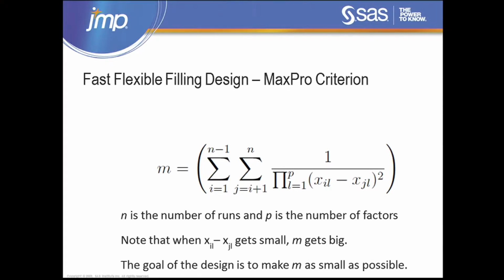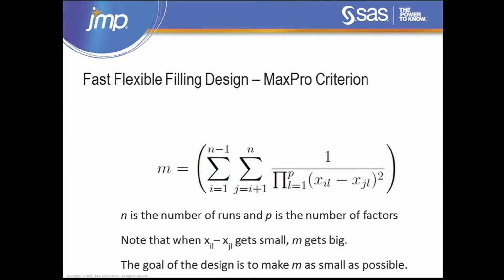But the cool thing about this criterion is that it spreads points apart in one-dimensional projections, two-dimensional projections, three-dimensional projections, and so on. It does a good job of spreading points out regardless of the dimensionality that you end up with when you do your analysis.